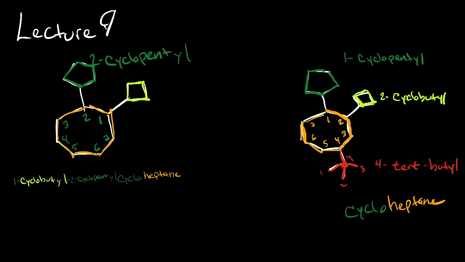So alphabetically, we actually ignore these weird sort of tert, sec, bi, tri. We don't ignore iso, but we ignore all those other ones. So tert butyl is going to beat cyclobutyl and cyclopentyl. So that one's going to be first. Cyclobutyl is going to be second, and then cyclopentyl is going to be third.